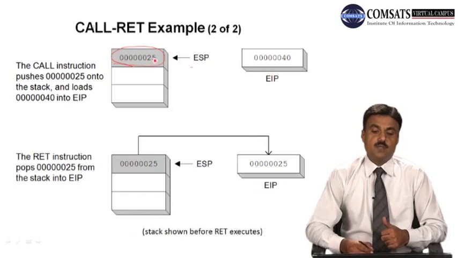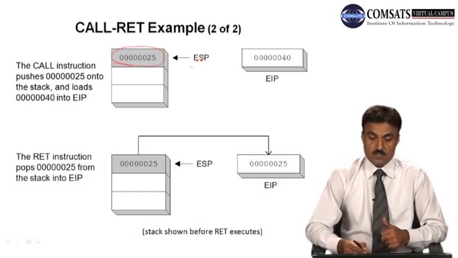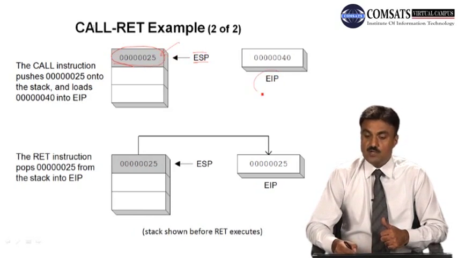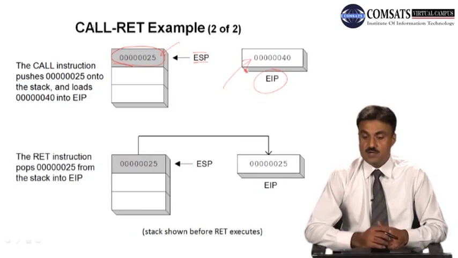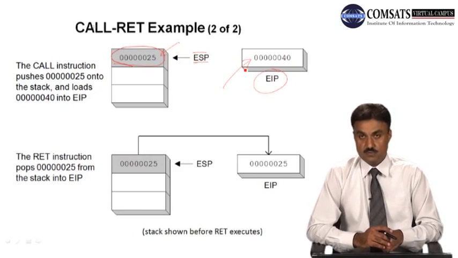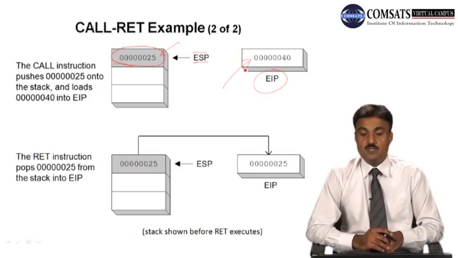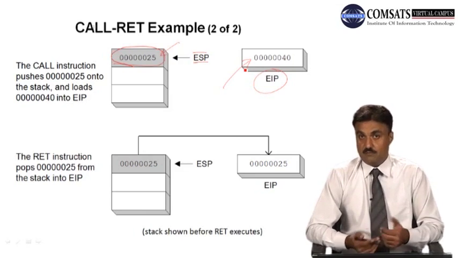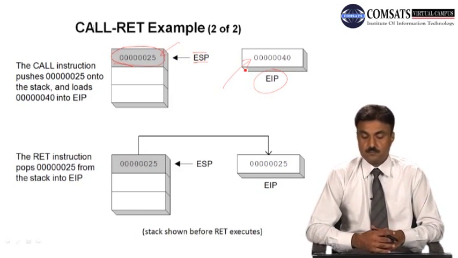This address value is pushed onto the stack, and the instruction pointer is assigned the new address 0040, and so on. So this is after we execute the call instruction.